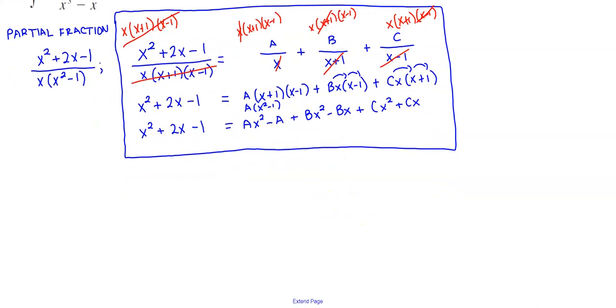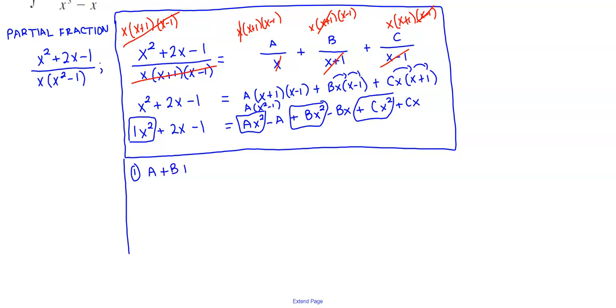Okay, now let's write our system of equations. So what's the first equation? Well, we can see that the coefficient for x squared is 1. And then we have Ax squared plus Bx squared plus Cx squared. So that means we have A plus B plus C, and that's equal to 1. Let's take a look at our next equation.